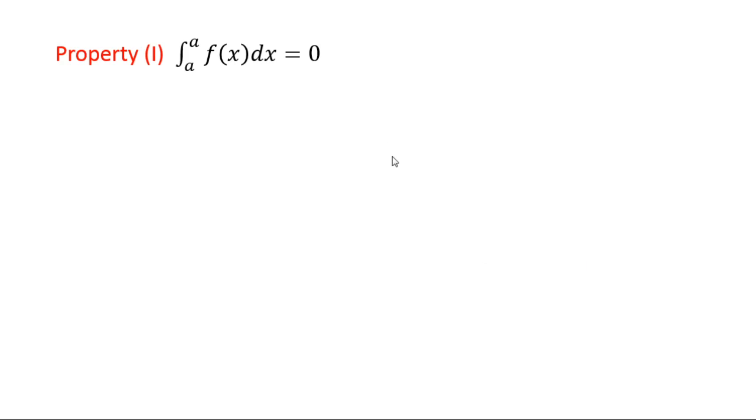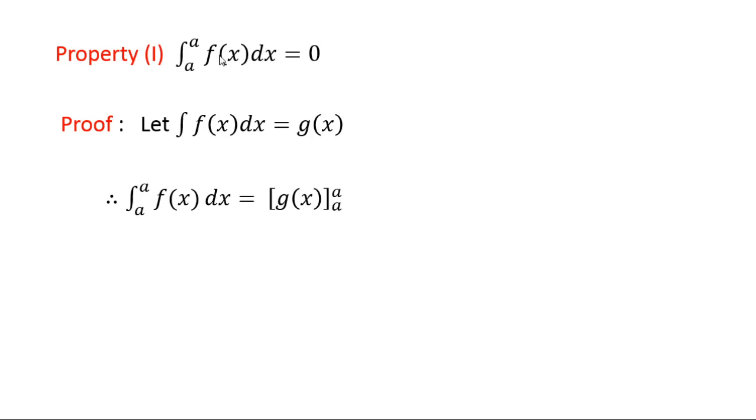Now, let me write the proof of this result. Let the integration of f of x be g of x. If the integration of f of x is g of x, then the definite integration of f of x from a to a, we write as g of x between limits a to a. Lower limit is a, upper limit is a.